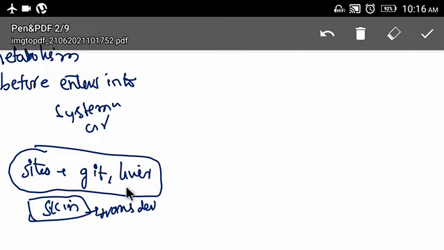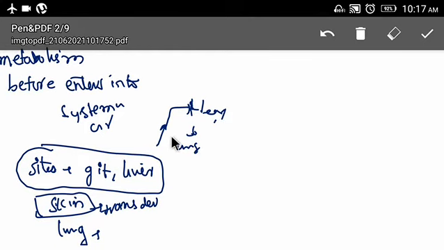And if you give the drug through any route, some metabolism will take place in the lungs. If you give it parenterally, it goes into blood vessels, from there to the heart, then to the lungs, and after the lungs to systemic circulation. So before systemic circulation, metabolism can take place in the lungs to some extent, very minimal.